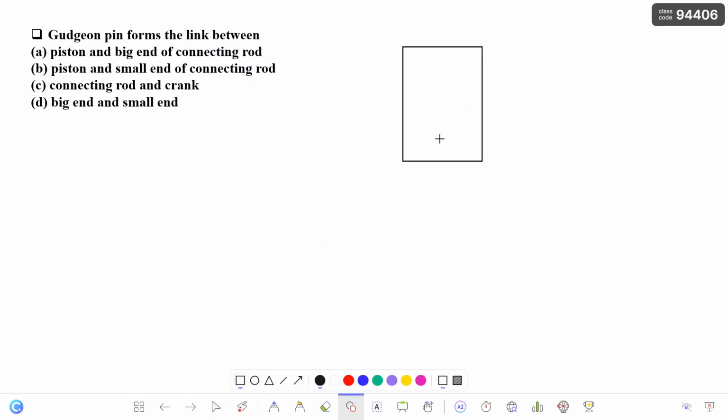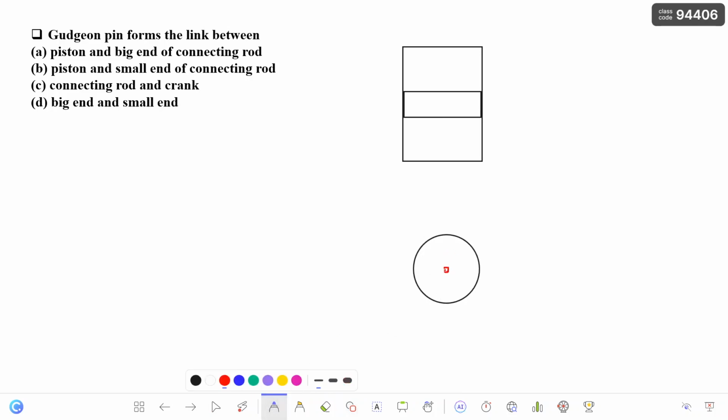So what is a gudgeon pin? First we'll understand. If you see, this is the engine, and this is the piston. There is a crank, or let us say a crank wheel. This center is the crankshaft, the shaft on which the crank rotates. Then there will be a crank.